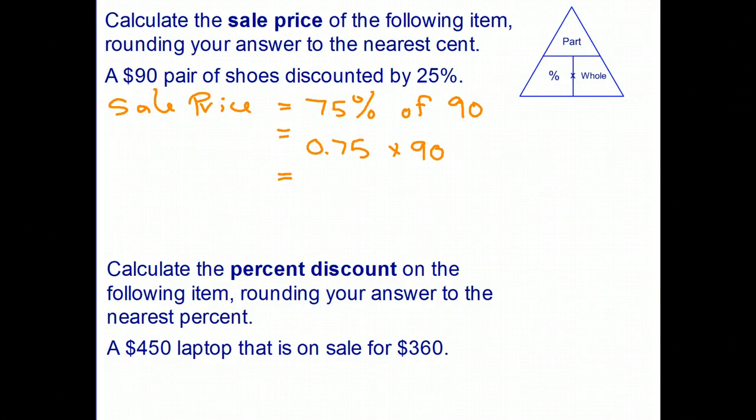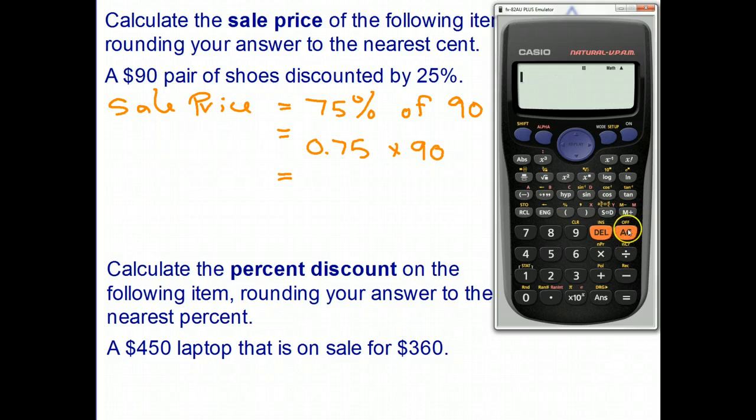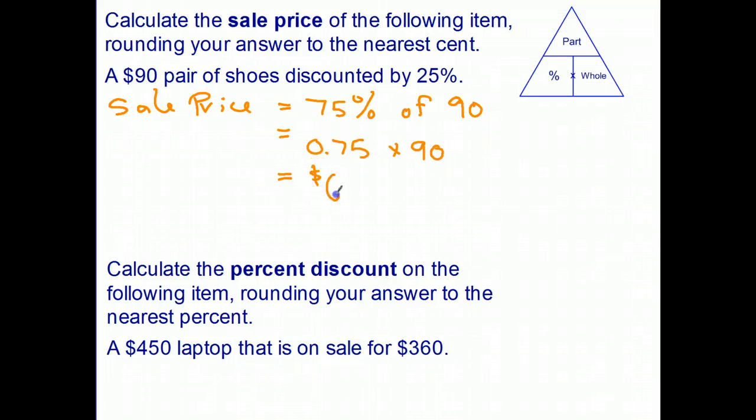Get out the calculator, clear the previous calculation. 0.75 times 90, and it's going to be $67.50. So that's the new sale price for this particular item.